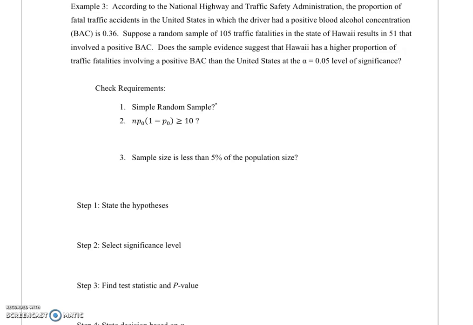So again, check the requirements. Is it simple random? Yes, the problem said it was a random sample, so we can assume that's simple random. N, our sample size, is 105, and P naught is 0.36.